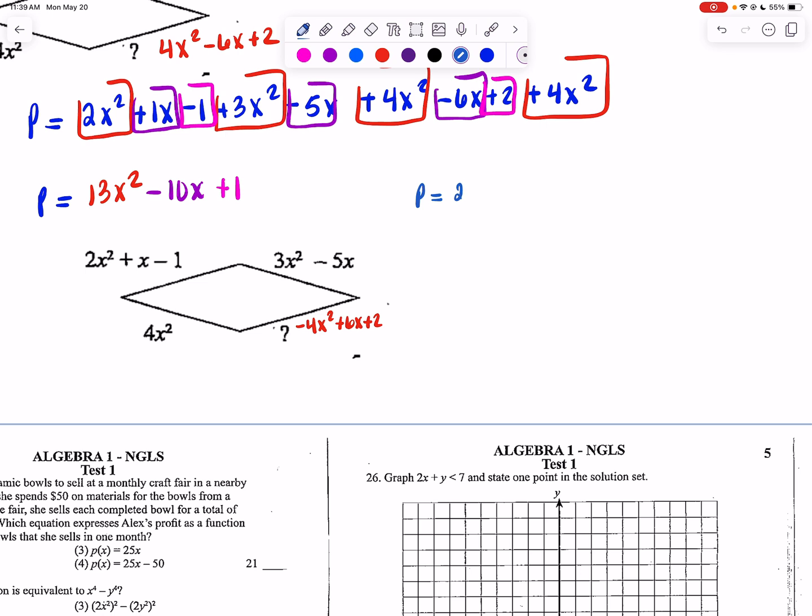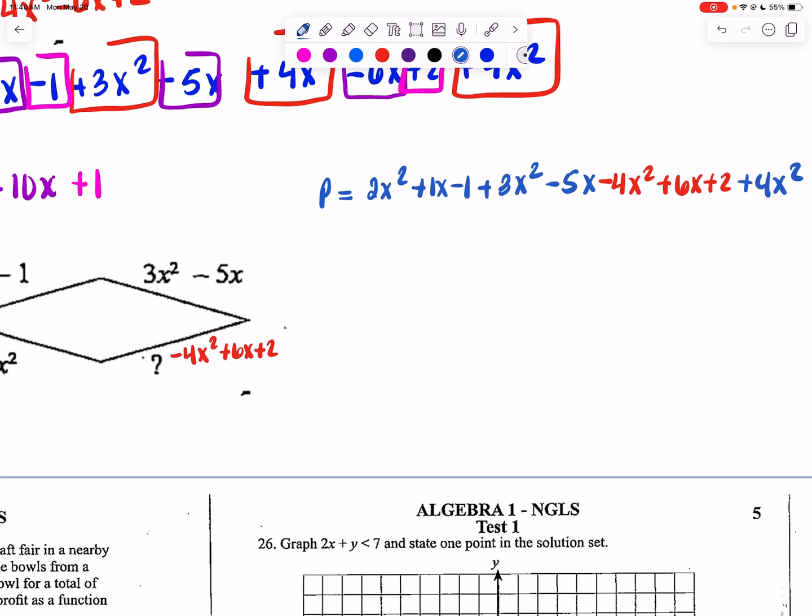So perimeter equals 2x squared plus 1x minus 1 plus 3x squared minus 5x minus 4x squared plus 6x plus 2 plus 4x squared. So again, you're adding up your side lengths. This is one of the procedures you can use. You can just plug in your answer choices.